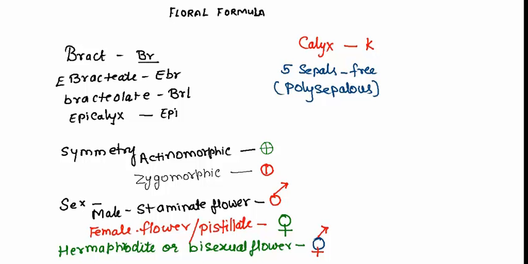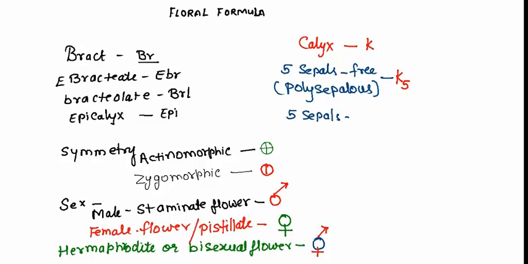It is represented by the formula capital K with 5 at the base. The K represents the calyx and 5 represents the number of sepals, and all the sepals are free, that's why it is simply 5.